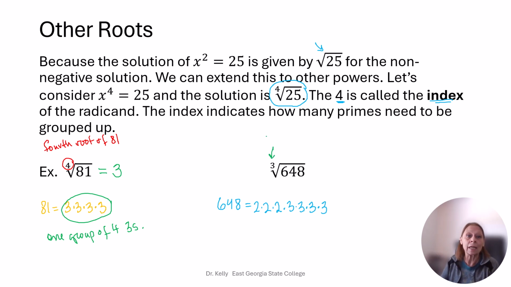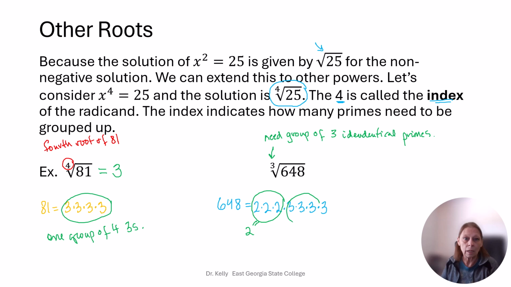This indicates we need groups of 3 identical primes. All right, so here I have one group of 2s, and I've got another group of 3s. So 2 times 3 will come on the outside, but note we have one guy left over.